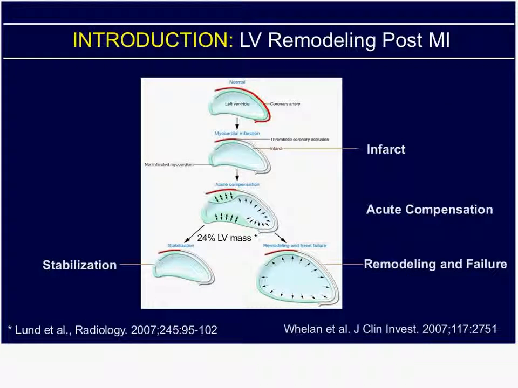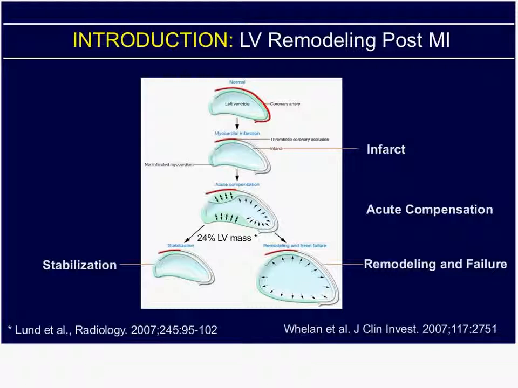So, introduction. Again, this audience, I'm sure you're quite familiar with the progression of LV remodeling as a result of myocardial infarction. Here we've got a diagram from a review paper in which we depict the infarct zone.